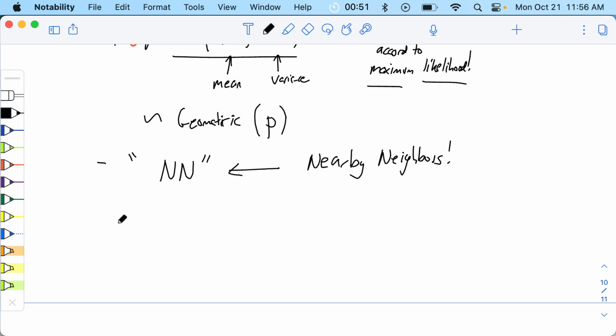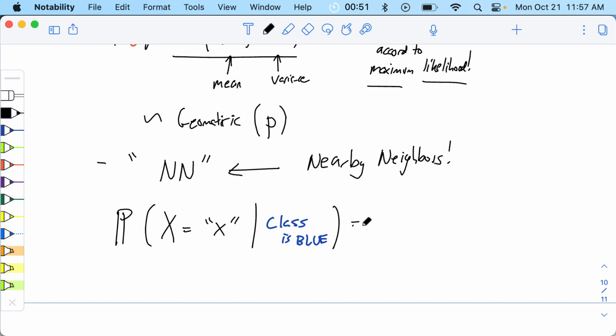So probability that x equals x, given the class is orange, or let's do blue, class is blue, is large if x is near other data points.